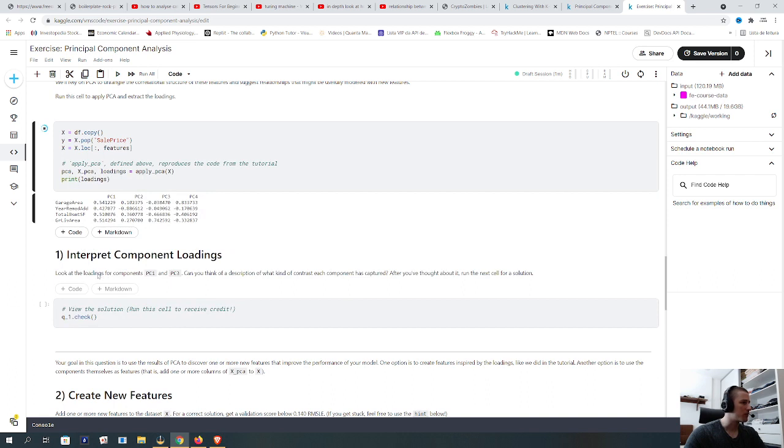Interpret component loadings. Look at the loadings for components PC1 and PC3. Can you think of a description of what kind of contrast each component has captured? PC1 and PC3. So there's negative correlation for PC3 and positive for PC1 on the first three things.